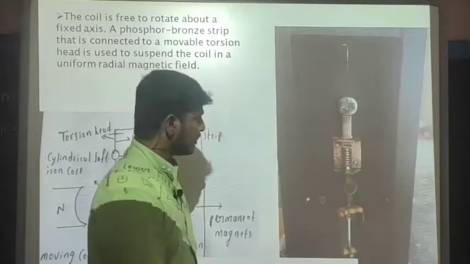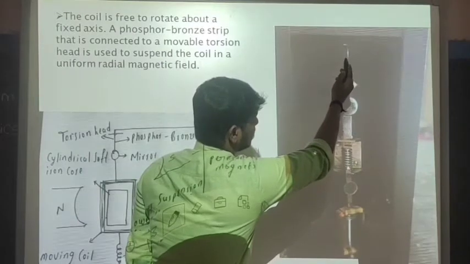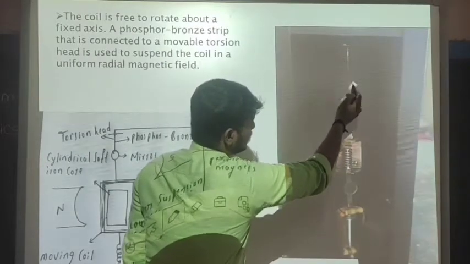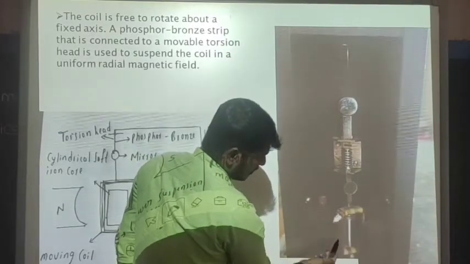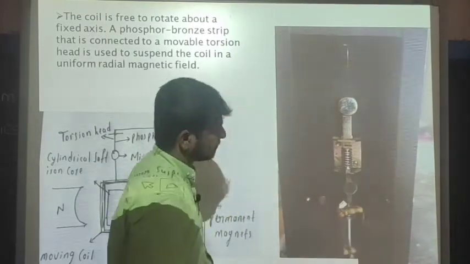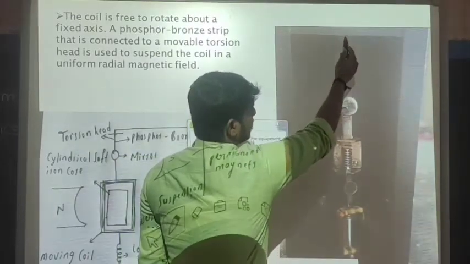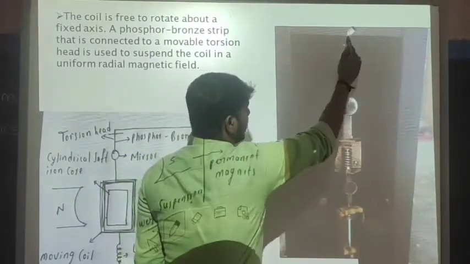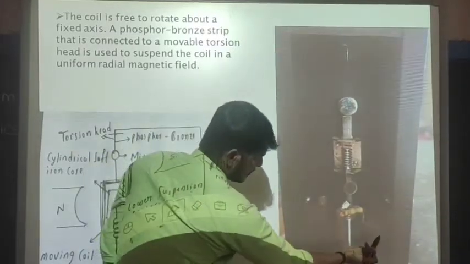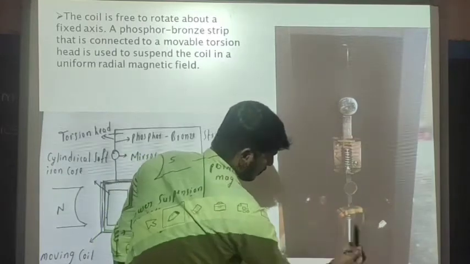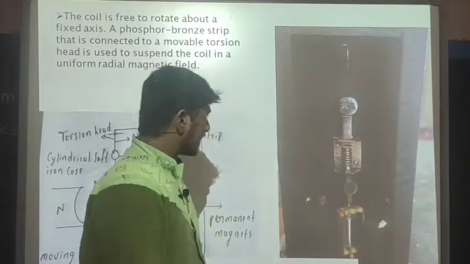Here in the actual ballistic galvanometer you can see this is the phosphor bronze strip which is connected to the copper coil. Then the upper end of the phosphor bronze strip is connected to the torsion head, and this coil is placed between two magnetic poles. Okay, now let us see the next point.